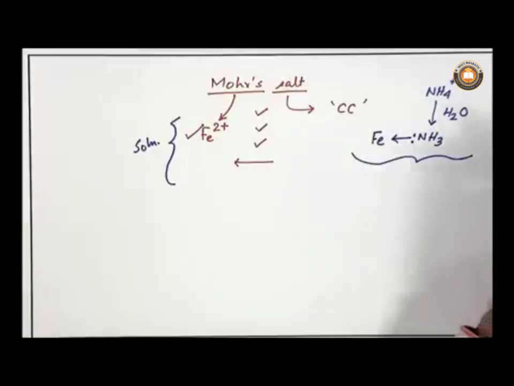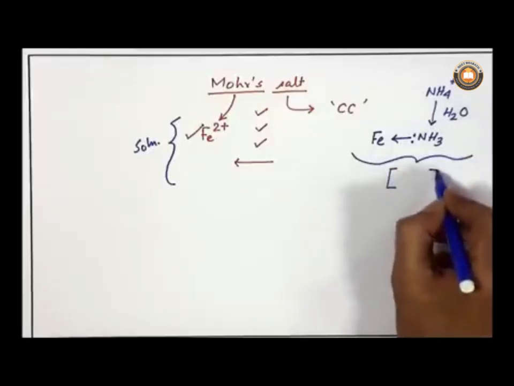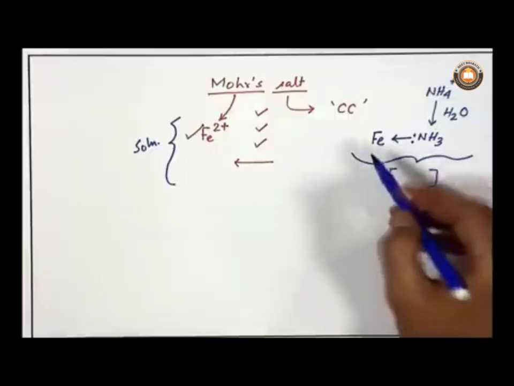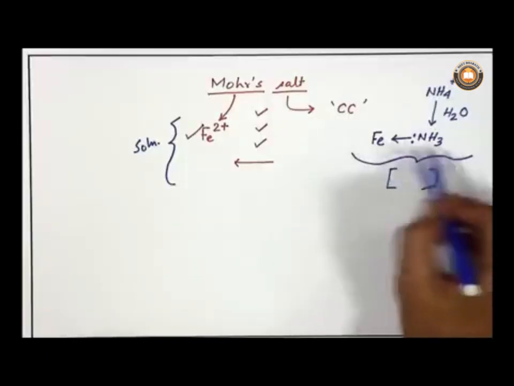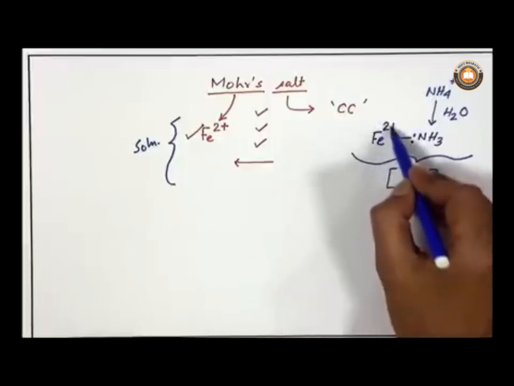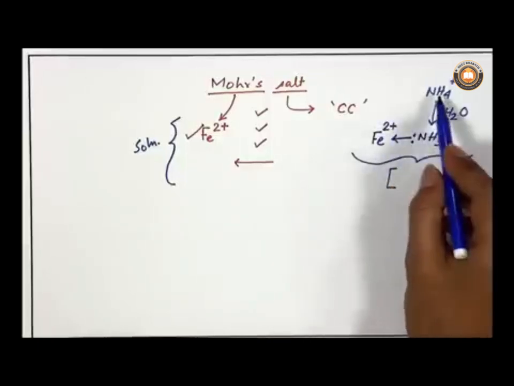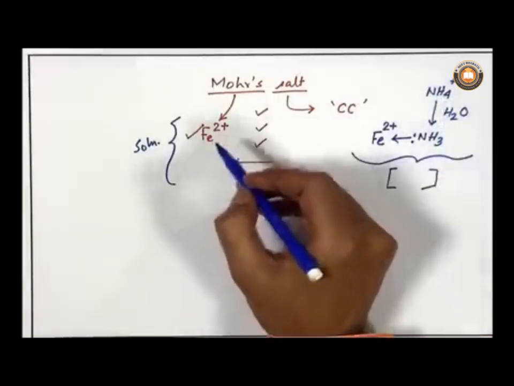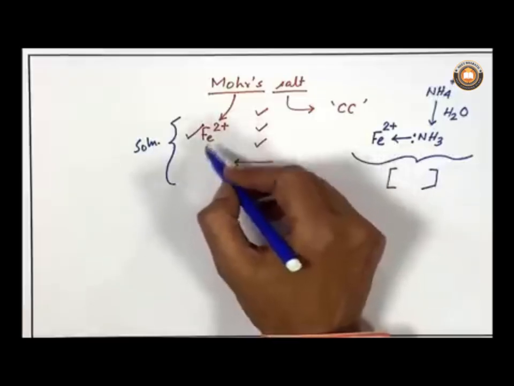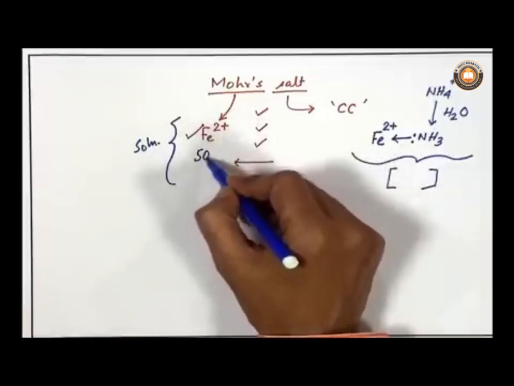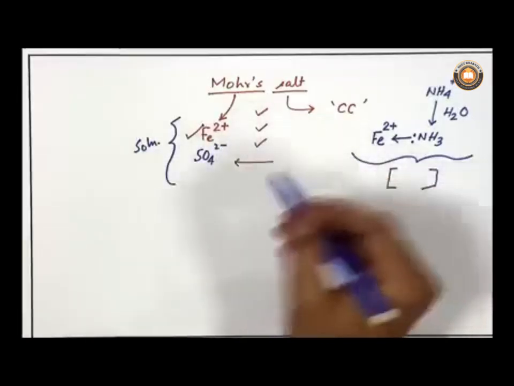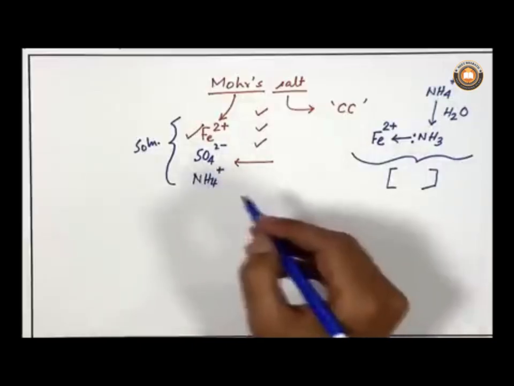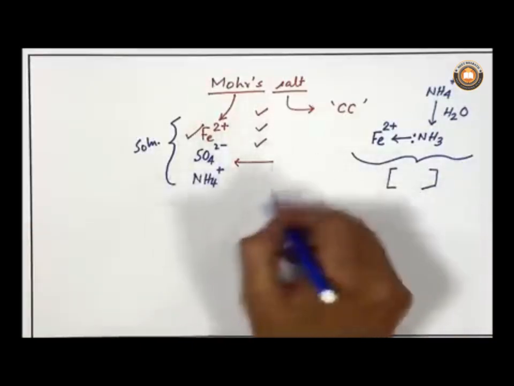If a complex species were formed, it would not dissociate altogether in the medium as Fe2+ and ammonia as the neutral ammonia molecule or ammonium ion. But in actual practice, when Mohr's salt is dissolved in water, we are able to detect the presence of all the cations and all the anions present in the salt: ammonium ion, sulphate ion, and a large number of water molecules.